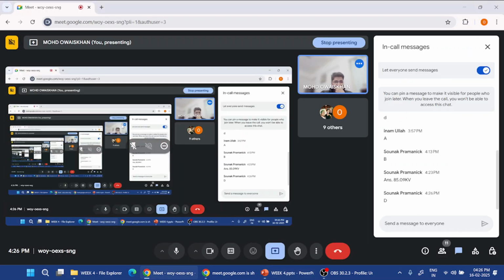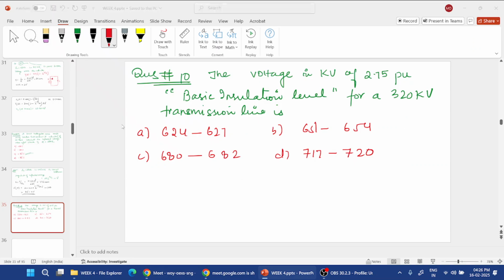Okay, let me see others. So the voltage in kV of a 2.75 per unit basic insulation level of the 320 kV transmission line is 320 into root 2 divided by root 3, into 2.75 per unit.